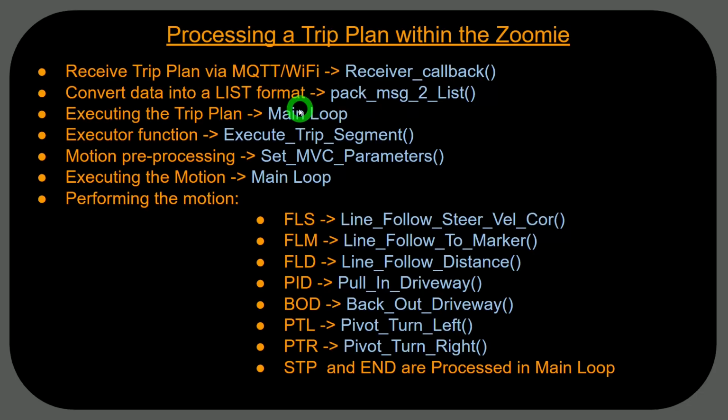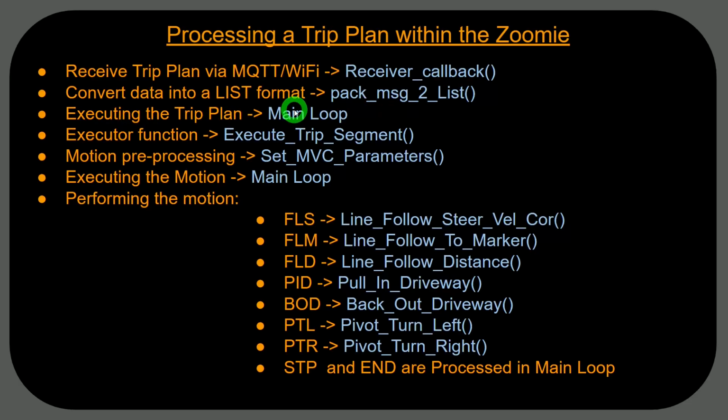Well, what's going to happen then, we're going to be running in the main loop. At this point, the list is complete, fully loaded into the Zoomie, and while the main loop is running, it will detect that that list of a trip plan is there. So in the main loop, we will run the executor function, and execute a function called execute trip segment.